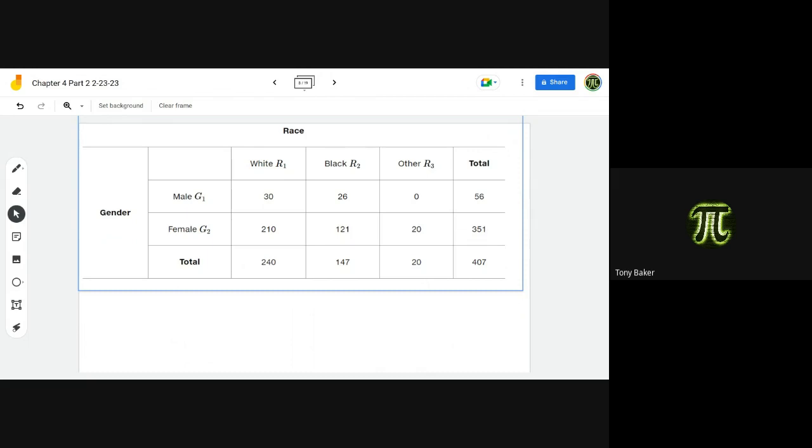So these are actual counts, not probability in this case. You're looking at discrepancies between what a victim of domestic violence requests and what the courts were rewarding. The following contingency table cross classifies by race and gender a sample of 407 domestic violence protective orders in North Carolina. So these are protective orders that were granted.